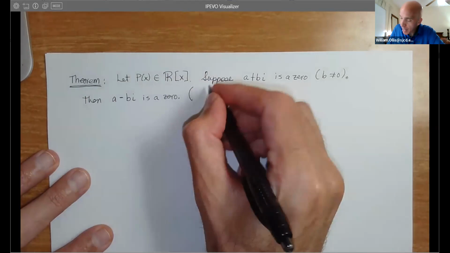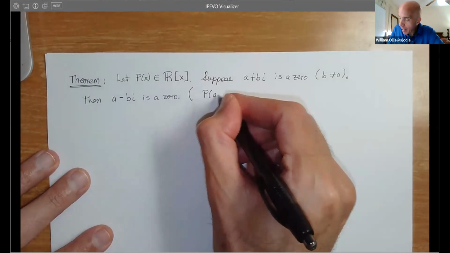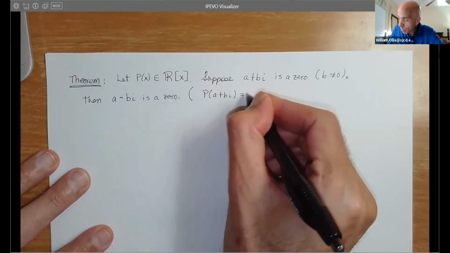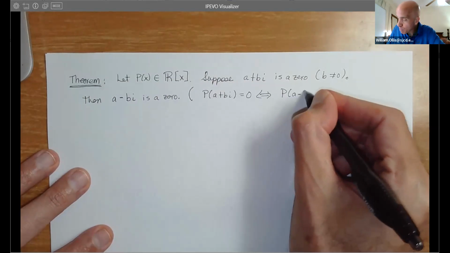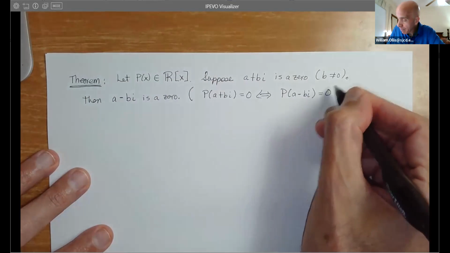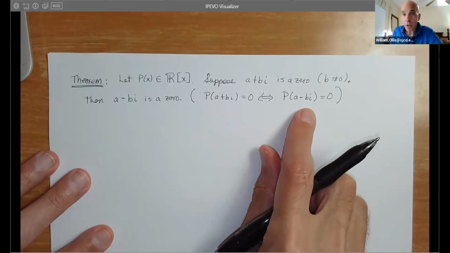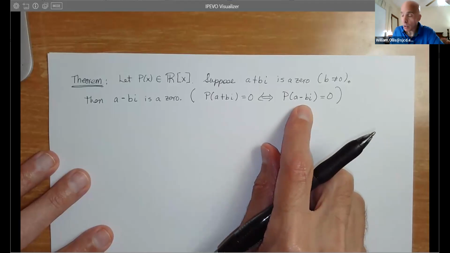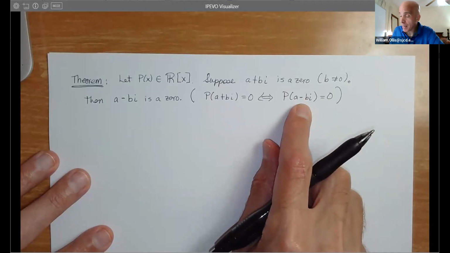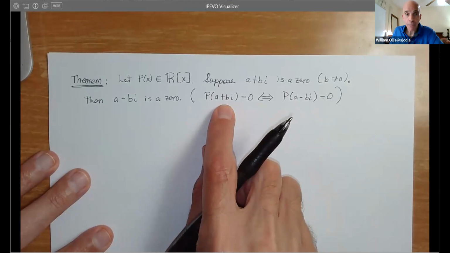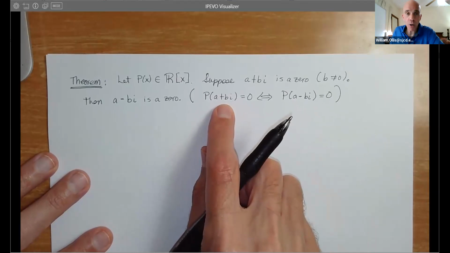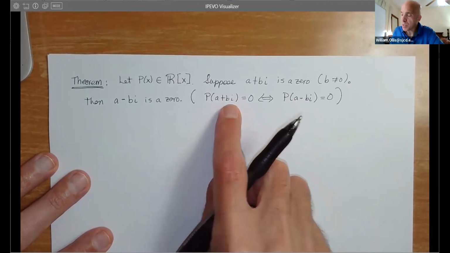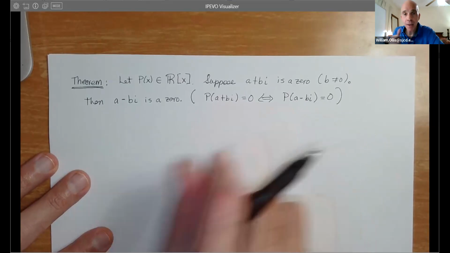What this is basically saying is p of a plus bi equals 0 is basically equivalent to p of a minus bi equals 0. If you have a real polynomial with an imaginary zero, the conjugate of that zero is also a zero. So we get that for free. So that's why when we did the Descartes, we could never put for a real polynomial that there was one imaginary zero, because this theorem will not allow that.